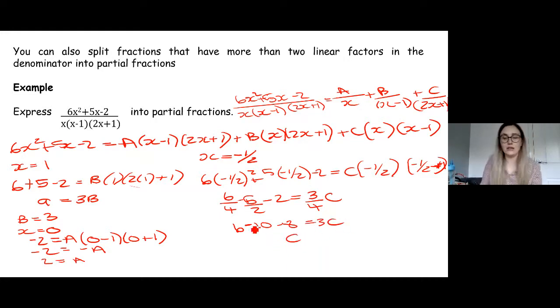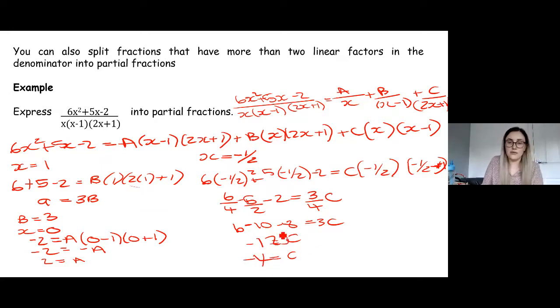C is going to equal 6 minus 10, which gives me minus 4, minus 8, so minus 12, so C is going to equal minus 4.